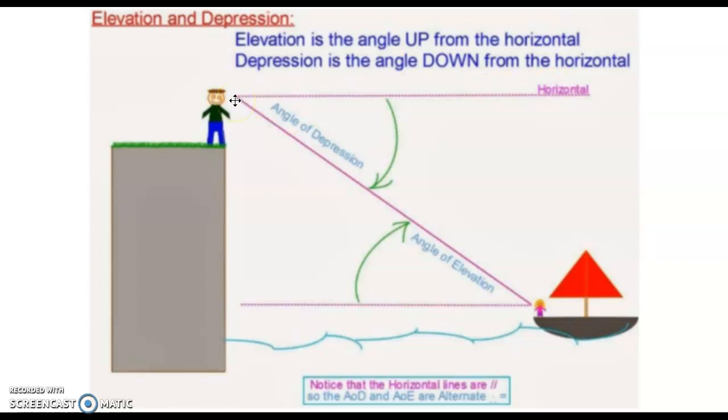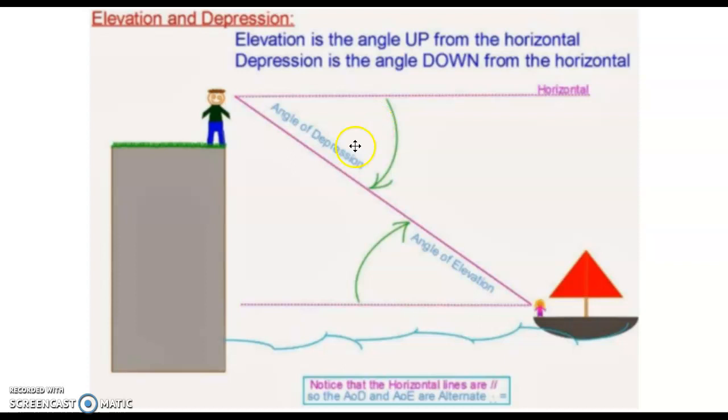So if you're from the point of view of the higher elevation, then it's going to be an angle of depression because you're looking down at something. Whereas if you're at the bottom and you're looking up at something, that's considered the angle of elevation. And it's always formed with the line of sight or the horizontal from wherever the initial object is.